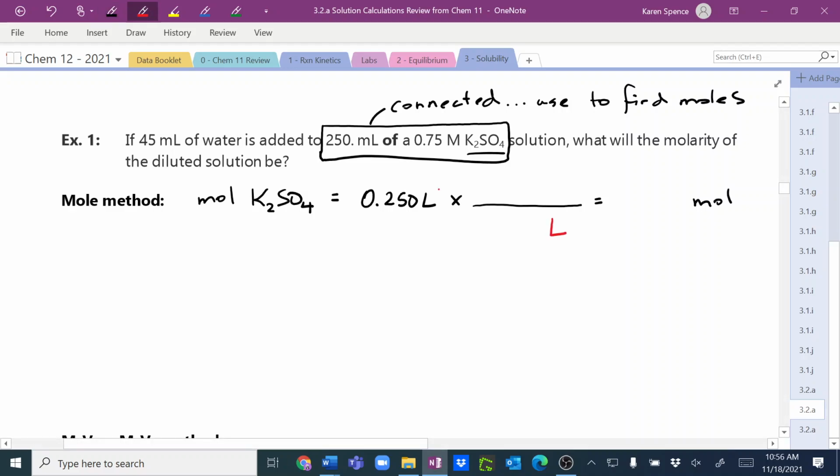Liters. And what unit has to go on the top? Moles. And so I don't have to flip it this time. I can just use 0.75, and remember that is moles per liter. So it is 0.75 moles per liter. And we get, oh, I do have a calculator here, that's good. 0.25 times 0.75, and we get 0.1875.